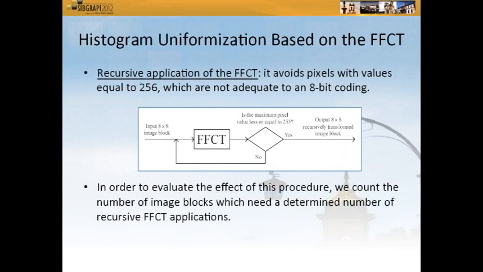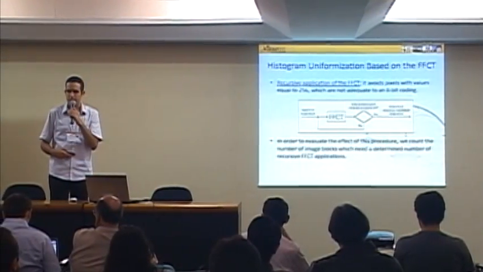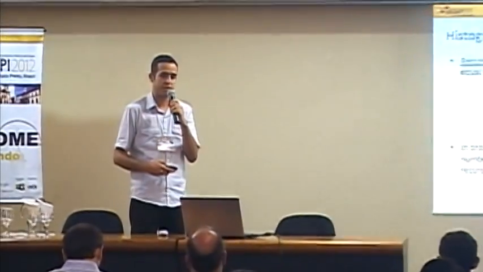So we have to apply the FFCT recursively because here we have one problem. If we choose P equal to 257, after computing the FFCT, the resulting image block can have pixels from 0 to 256.